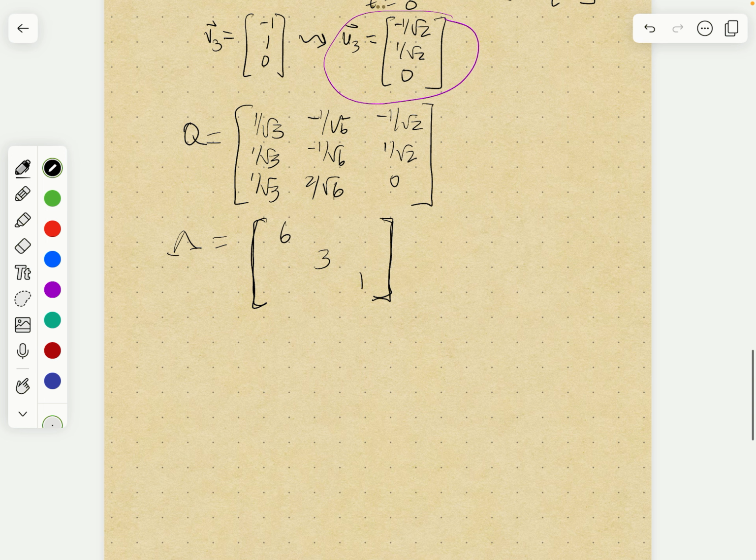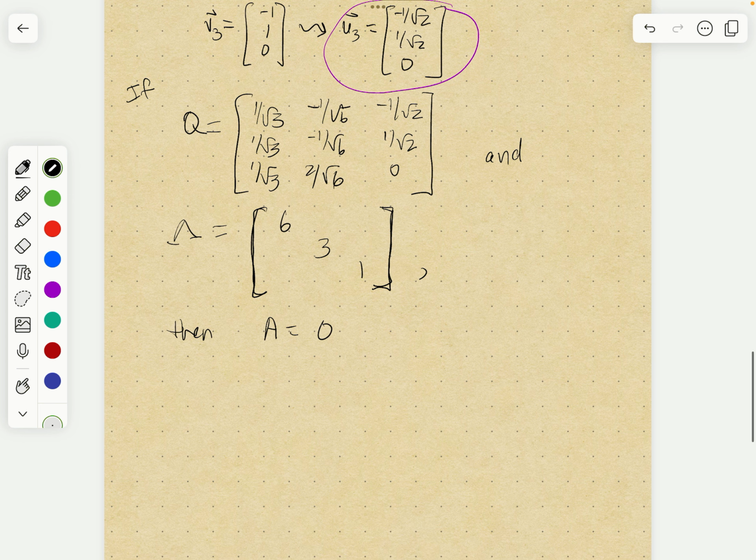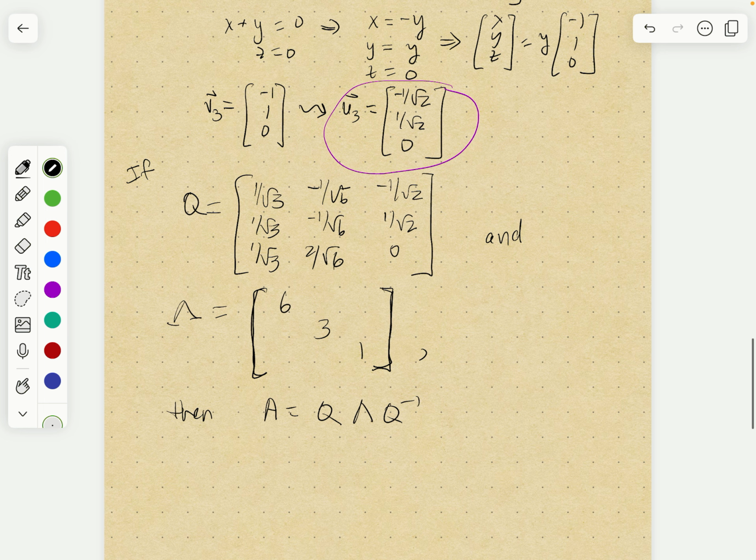Okay, so if Q is that and lambda is that, then it turns out that A is equal to Q lambda Q inverse. And notice I have unit length vectors, but I needed the columns to be orthogonal to each other.